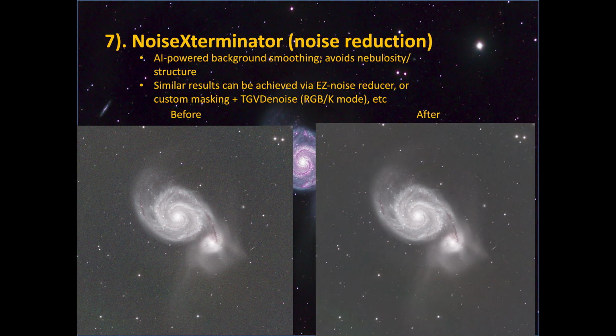Alternatives to this, you can use the Easy Noise Reducer script in PixInsight. You can also make a custom mask and use TGV Denoise in RGB/K mode. It has a similar effect, but it's just easier using Noise Exterminator, in my opinion. Having a smooth background in your images does make a significant aesthetic improvement.